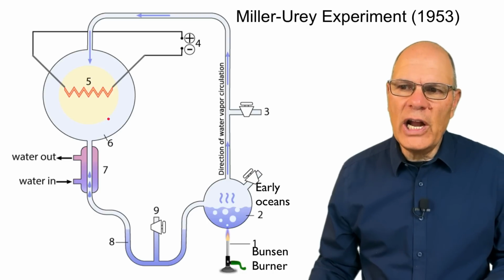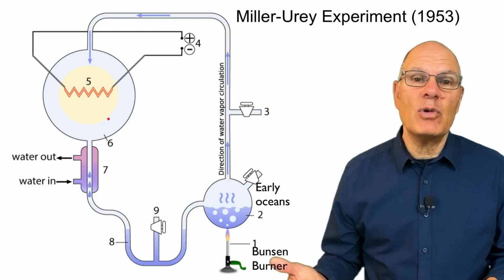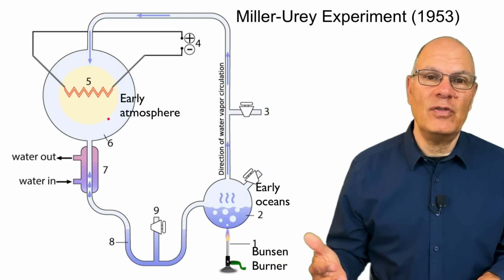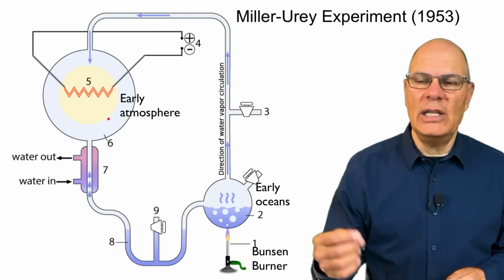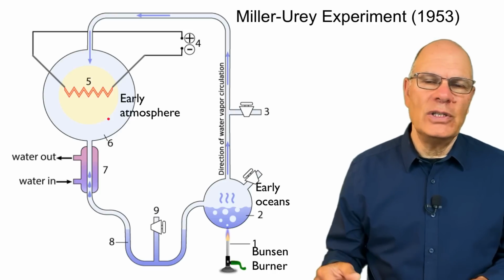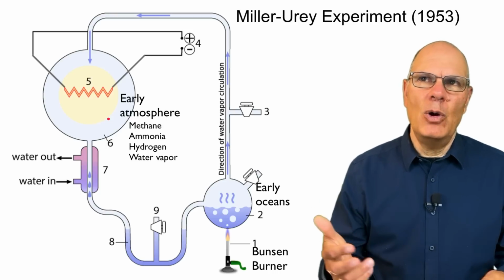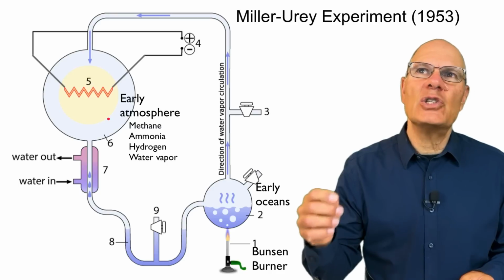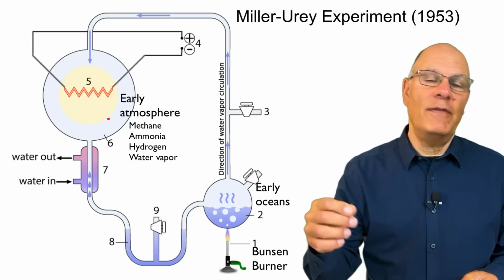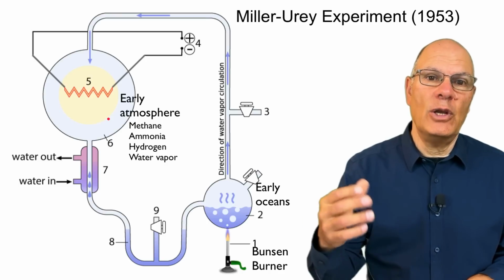This large area over here is a chamber that represented the early atmosphere, and it was loaded with gases that were supposed to be present in the early atmosphere, and that includes gases like methane, ammonia, hydrogen, and water vapor.